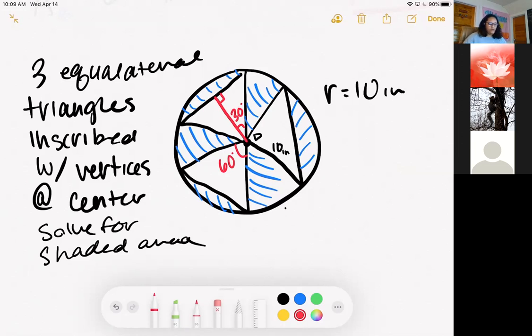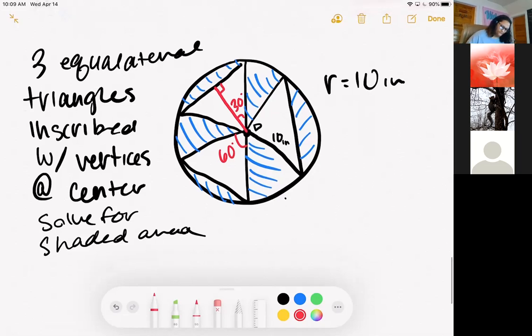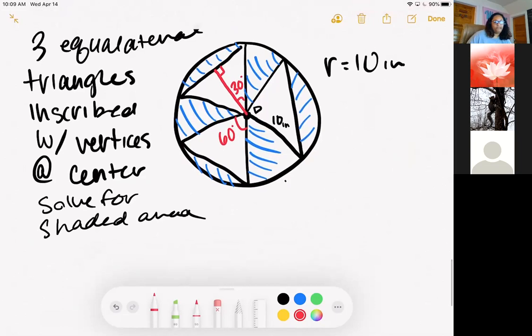Now what do we do? Well, we know the hypotenuse of that right triangle is 10 inches because that's the radius. Mhm. And then you could use sine of 30 to find the base part, and you could use cosine of 30 to find the other side, the altitude.